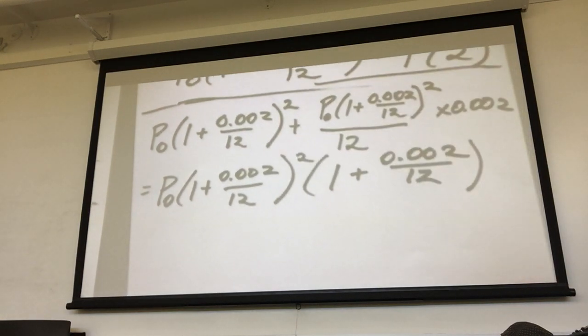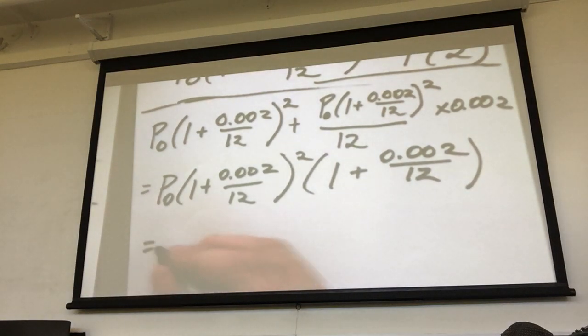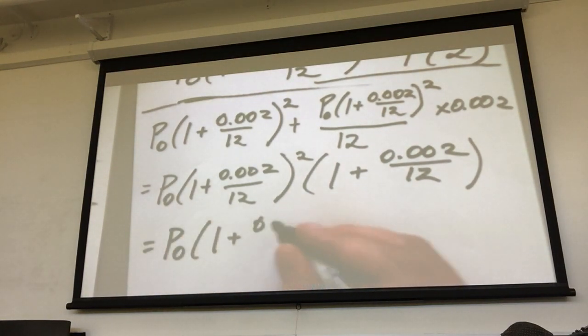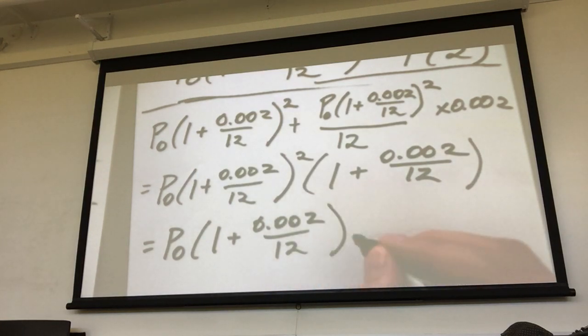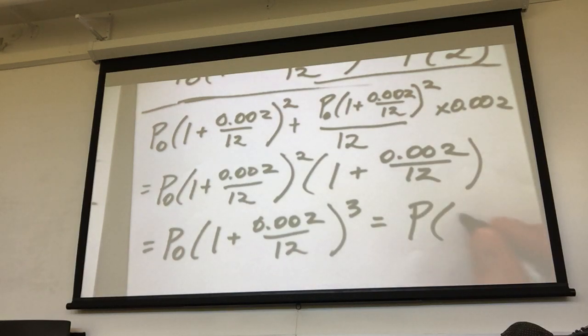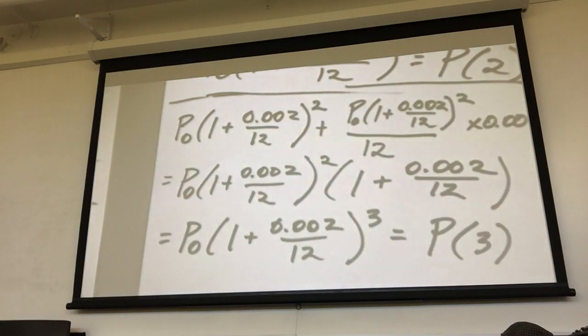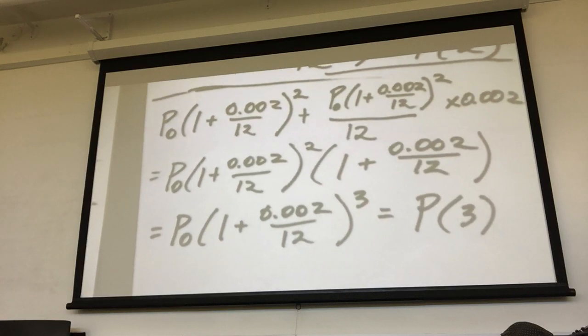And now we can combine these. And so that is going to equal the principal amount times 1 plus 0.002 divided by 12 raised to the third power, and that becomes P of 3.